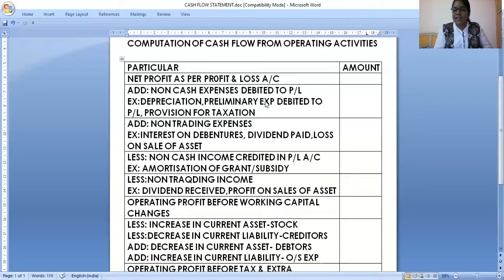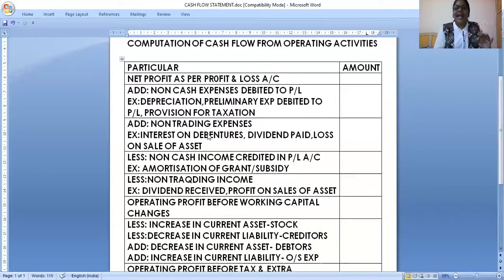Same way, preliminary expenses which are just written off in the P&L account, it's a book entry. Provision for taxation, provision for doubtful debts, these are just debited in the profit and loss account and no money has gone out. So if you remove them, the profit will increase. So all the non-cash expenses are to be added to the net profit to get cash profit.